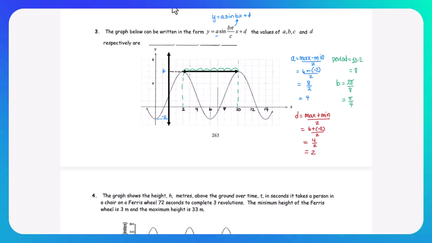So now we have all the parts we need, and we're just going to write it as y equals 4 sine of pi over 4 x plus our d, which is 2. Now notice here, this looks like A, B, C, and D. So that means our A equals 4.